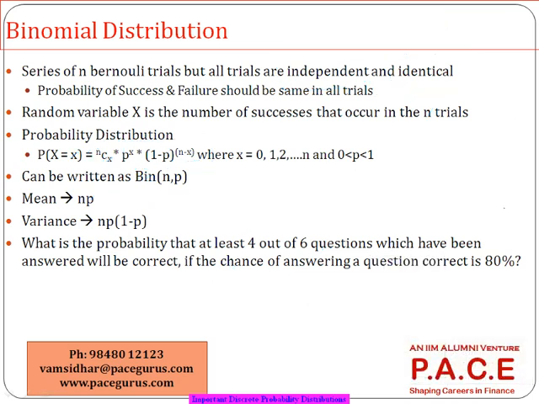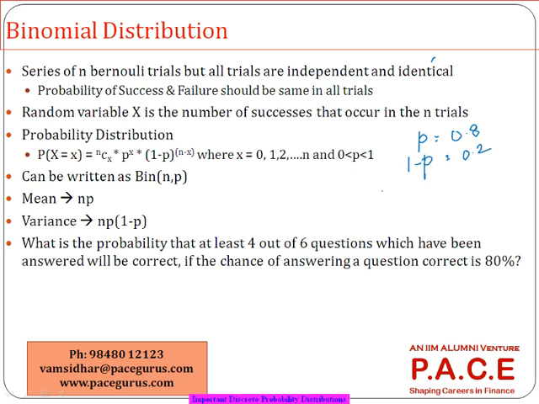What is the probability that at least 4 out of the 6 questions which have been answered are correct, if the chance of answering a question correctly is 80%? So the probability of answering correctly, if I take it as success, is 0.8. Not answering correctly, I'll take as failure, which is 0.2.